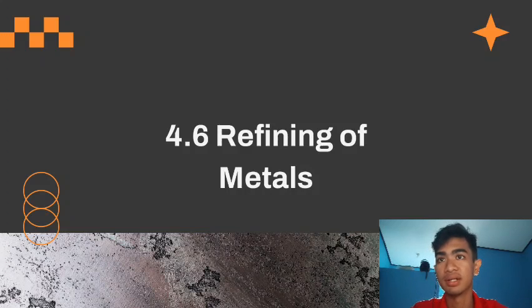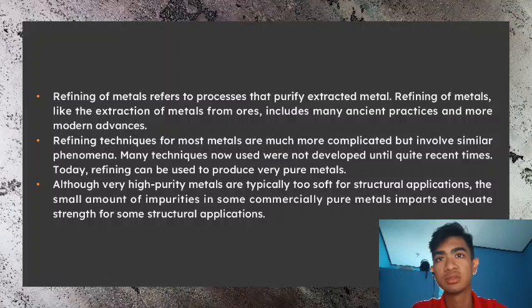4.6 Refining of metals. Refining of metal refers to processes that purify extracted metal. Refining of metal, like the extraction of metal from ores, includes many ancient practices and more modern advances. For example, gold always occurs in a metallic state, and it can be extracted from minerals by relatively simple means, that is, panning and sluicing.